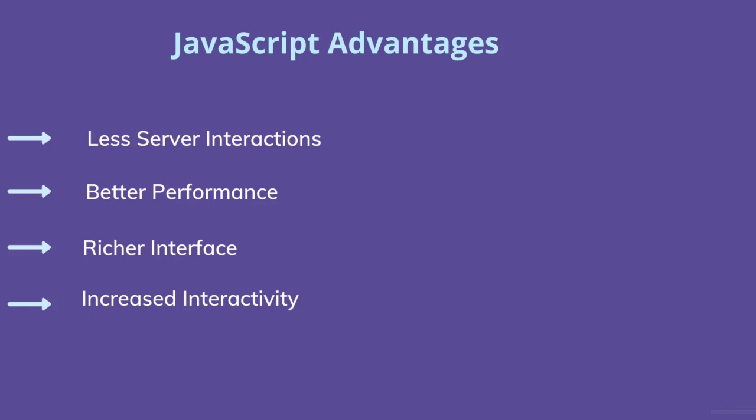Increased interactivity, that's what it means. When you create a rich, more interactive interface, it will be good for the client and they will keep coming back to you. So these are some key features of JavaScript. From our next video onwards, we will start with the implementation of it.